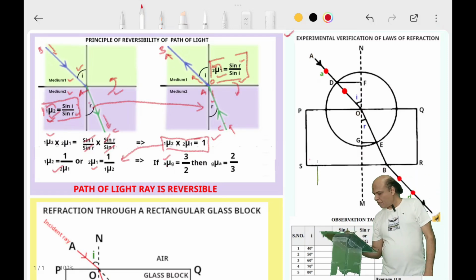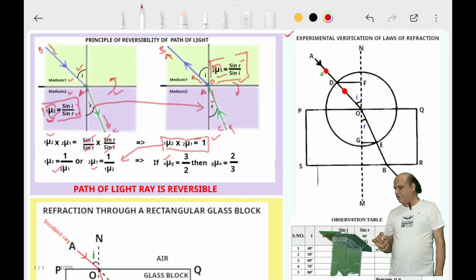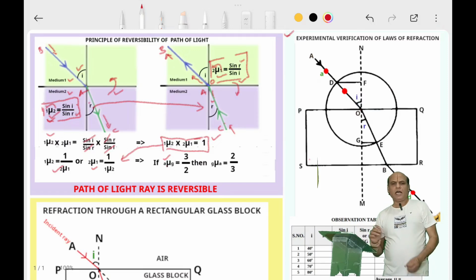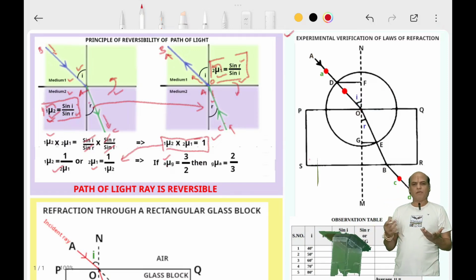Approximately around the midpoint of PQ, draw a normal N and name the point O. So at point O, which is approximately the midpoint of PQ, draw a normal N. Now from the point O, draw the line AO making an angle of incidence I. Take an arbitrary angle, say 30, 40, whatever.